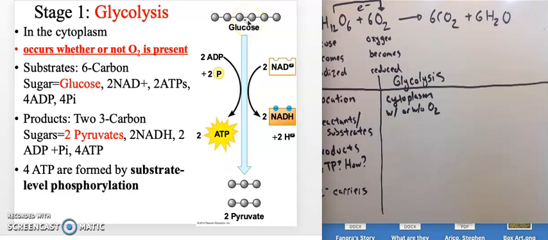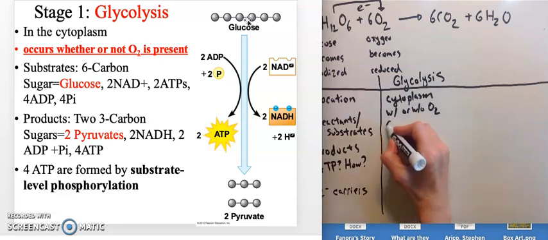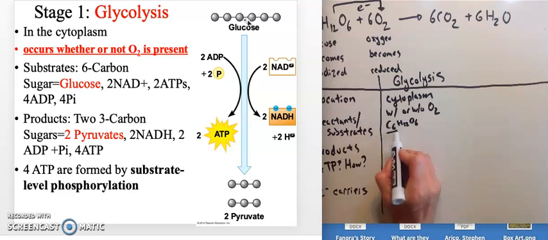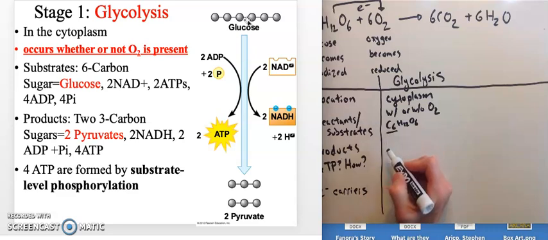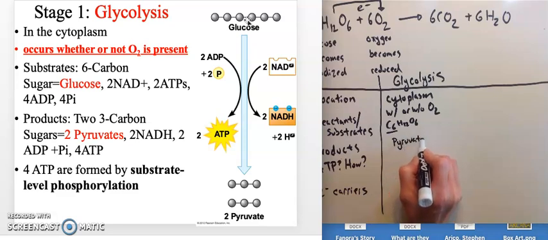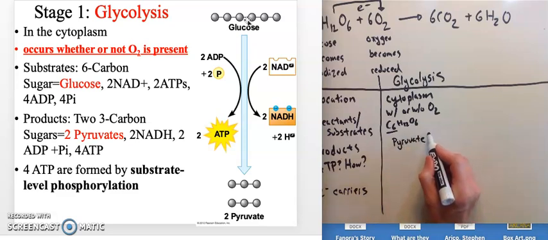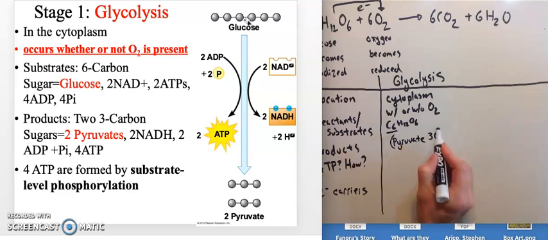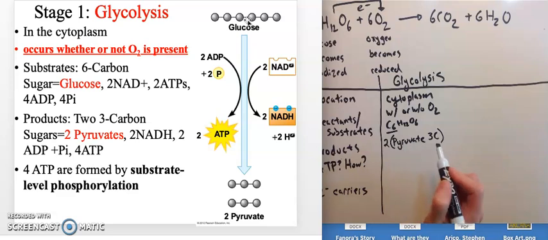So for our reactants, our starting material is glucose, C6H12O6. I want you to keep track of the carbons. So we're starting with 6 carbons, okay? And what we're going to see at the end is that the product we make is called pyruvate. Each pyruvate has 3 carbons, and our glucose is effectively split in half to make 2 pyruvate molecules.